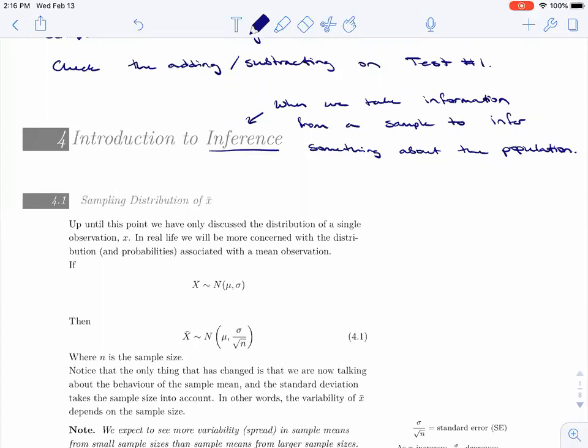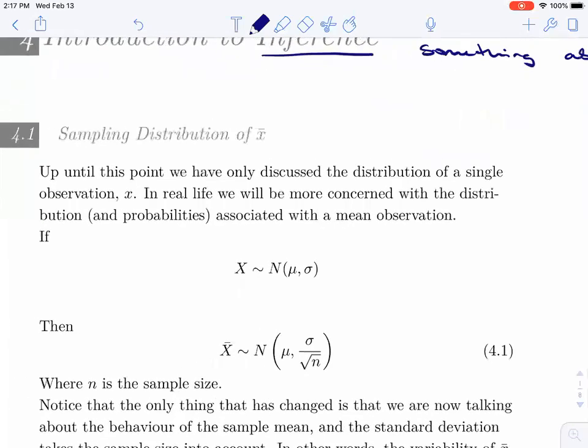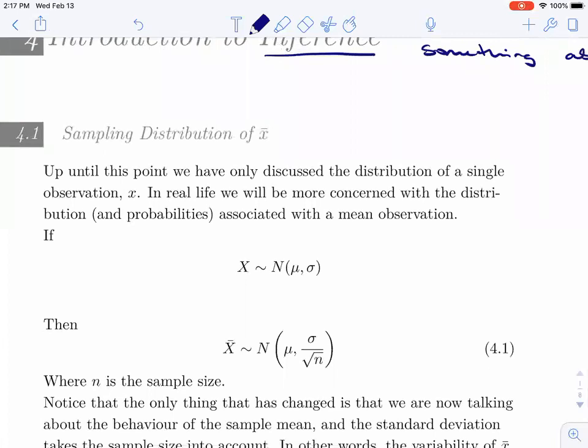might be, right? And so now we're changing gears, and we're going to start talking about the distribution of the sample mean. So we'll start here. We know this notation, right, we're comfortable with this notation now.